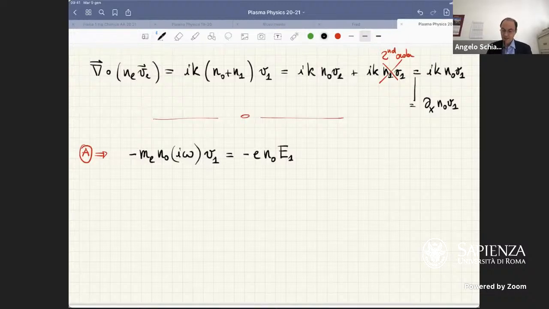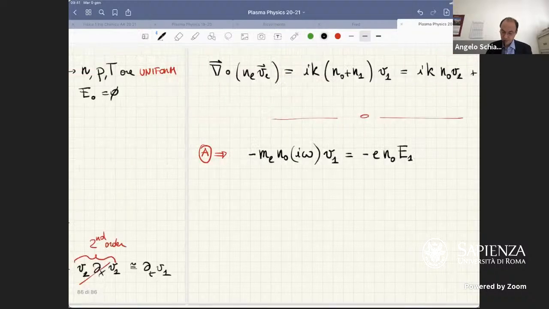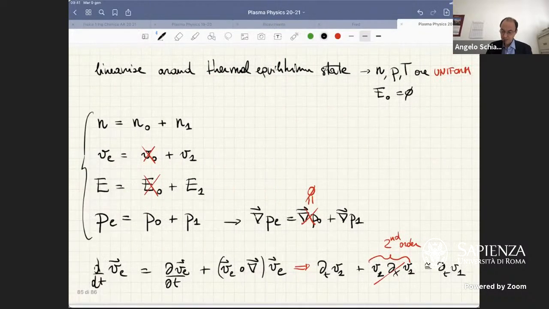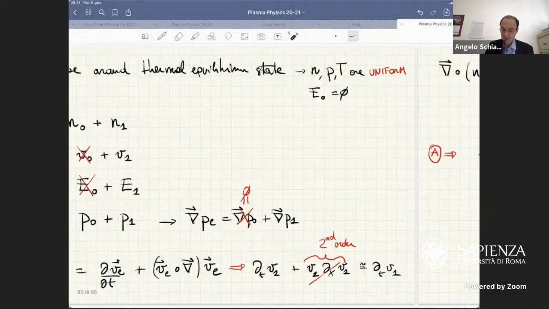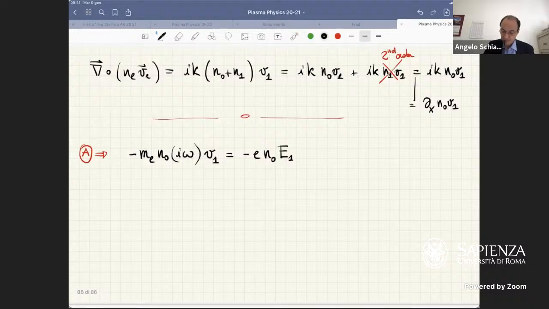Then we have the pressure gradient. We see that only the gradient of the perturbation remains, and if we linearize that, it becomes minus ik P1, the perturbation in pressure. So we call this equation A star. This is the A star equation, the linearized equation expressed in complex notation.